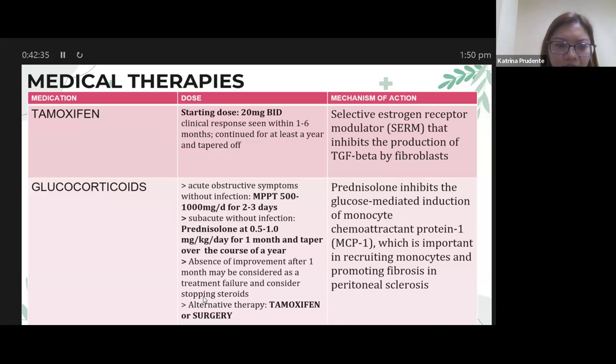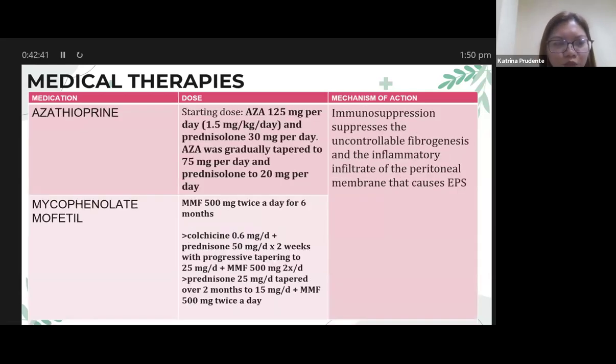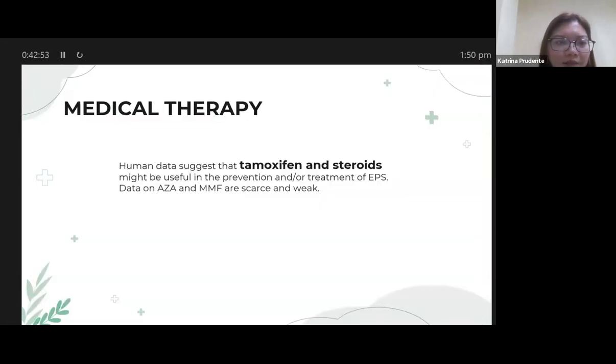Other therapies include azathioprine and mycophenolate, but they are still not in the recommendations and are still mostly in trials. Human data suggests that tamoxifen and steroids might be useful in the prevention and/or treatment of EPS.